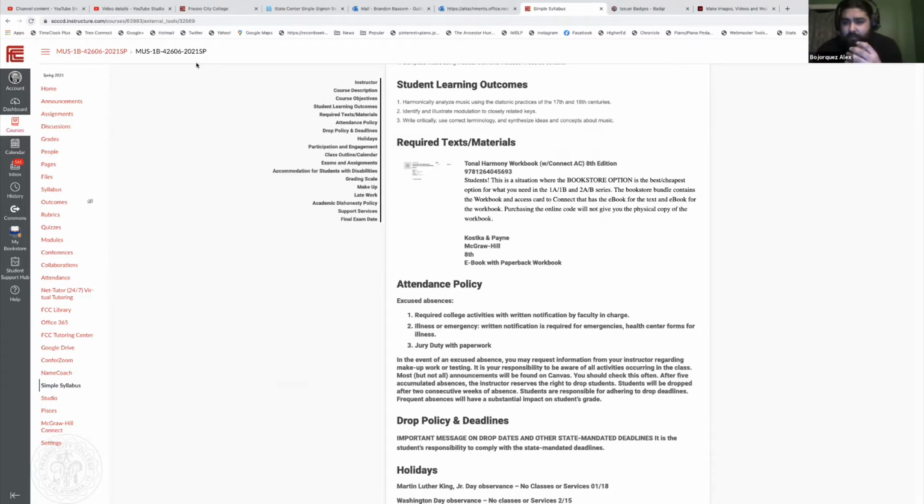All right, here's how it works. If you go to the bookstore, you will see this, which is a 3-hole punch paperback workbook. And this workbook is good for all 4 semesters.